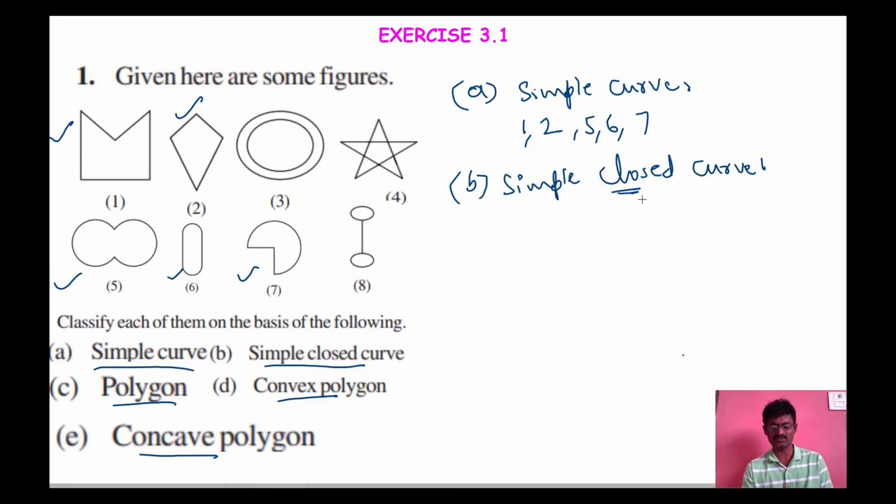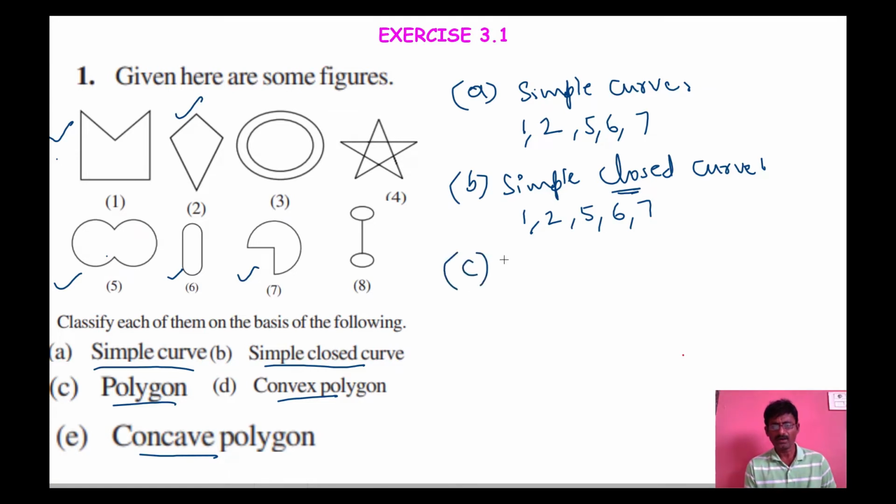As the name suggests, closed one. So 1, 2, 5, 6, 7 are all simple closed curves, because all of these are closed. We need not think about 3, 4, 8, because those are not even simple curves.